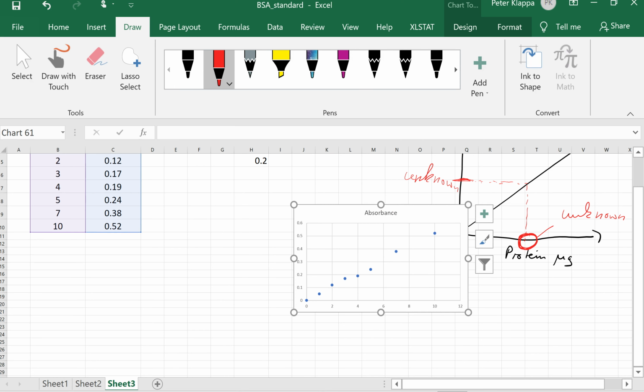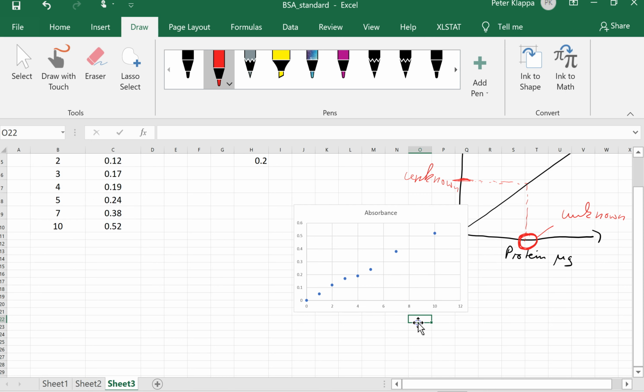So on the y-axis we have here absorbance, and on the x-axis we have our microgram of BSA protein.